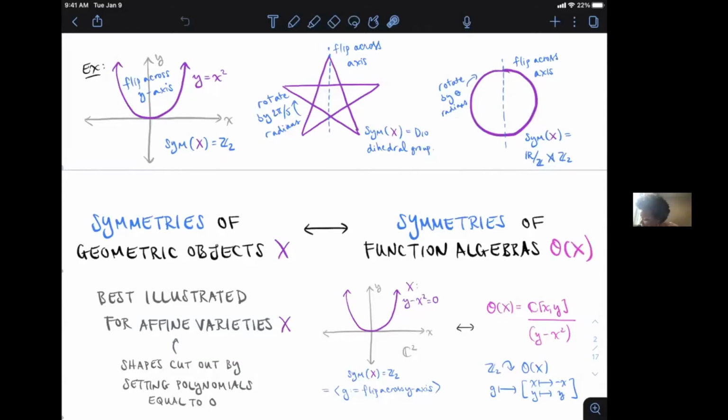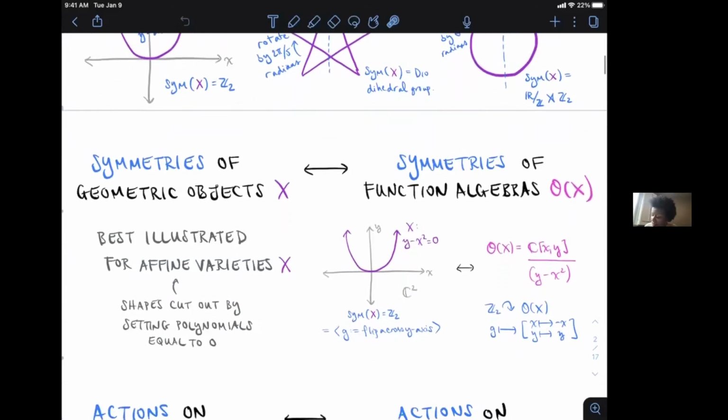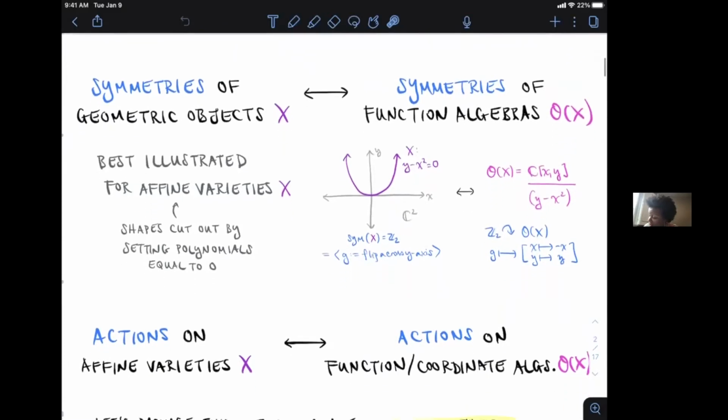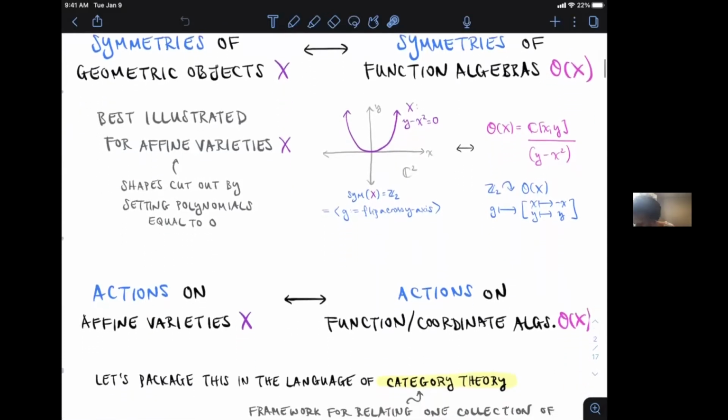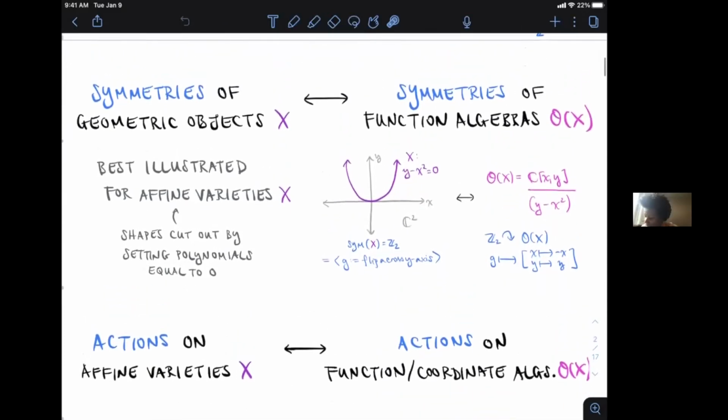So it's a nice way of translating symmetries geometrically to symmetries algebraically. This is really captured in the language of actions. Here I described an action on an affine variety and how it's translated to an action on the coordinate algebra or function algebra of a given shape. Okay, any questions?